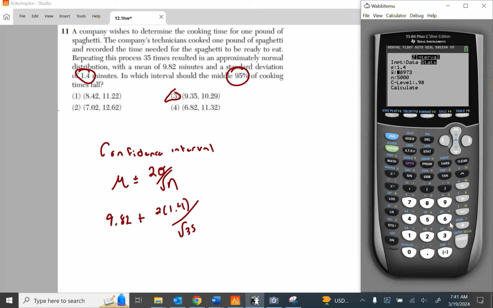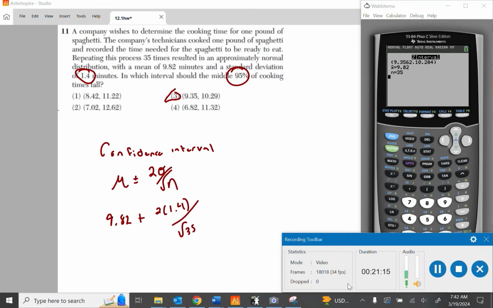We have a mean of 9.82. We have a 35 sample size. We have a confidence level of 0.95. That was the bell, so I'll have to stop here. Still the closest one, isn't it? So there you go. And I'll stop there and I'll finish this video during my planning period or lunch break, one of the two.